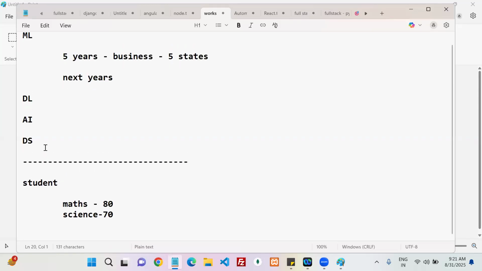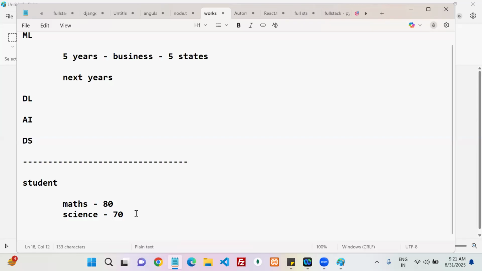This is data. It's a small kind of data representation for my student. Now if it is data, how can we represent it in a matrix or in vectors? What is the difference between vector and matrix? A single row or single column we can say is a vector. Multiple rows and multiple columns we can say is a matrix.